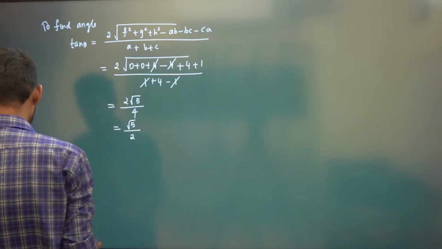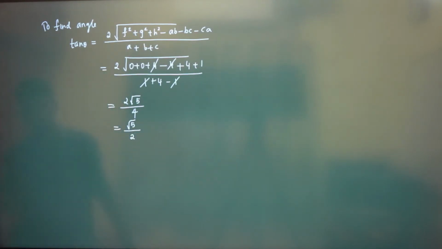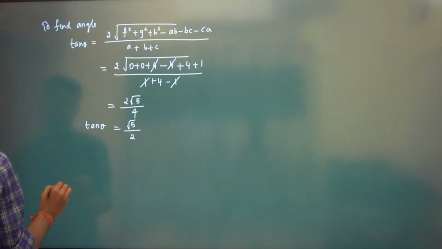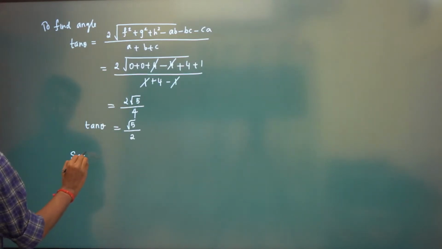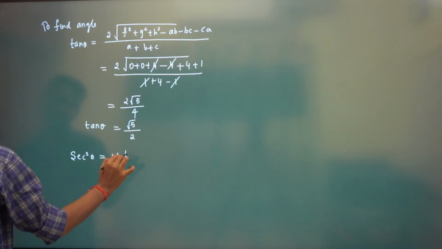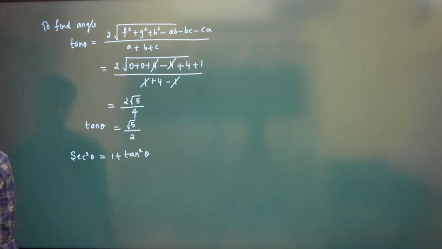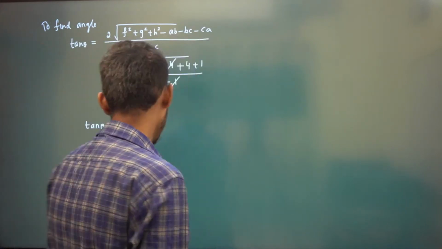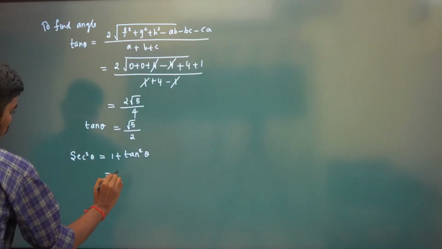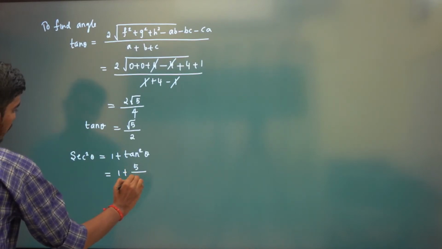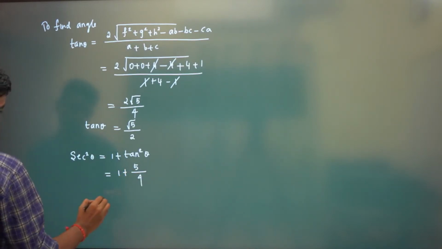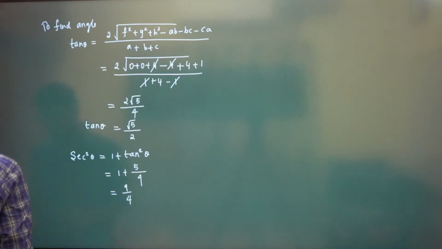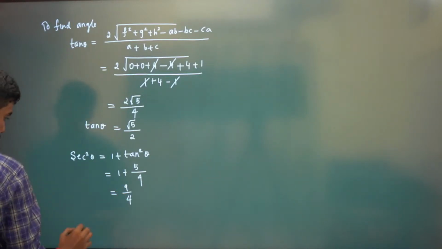So root 5 by 2 is the value of tan theta, but cos theta is the angle, right? So we know secant square theta is equal to 1 plus tan square theta, because secant square theta minus tan square theta is 1. So this will be 1 plus 5 by 4, so 4 plus 5, so 9 by 4 is the value of secant square theta.